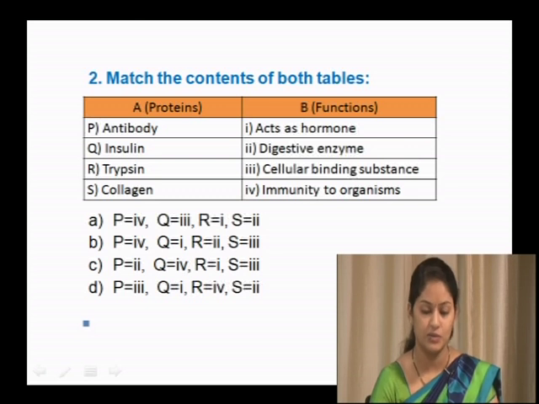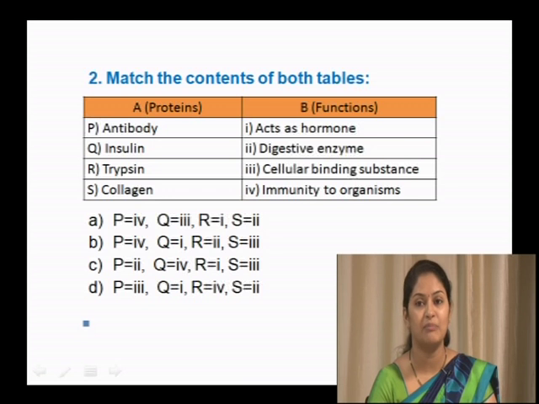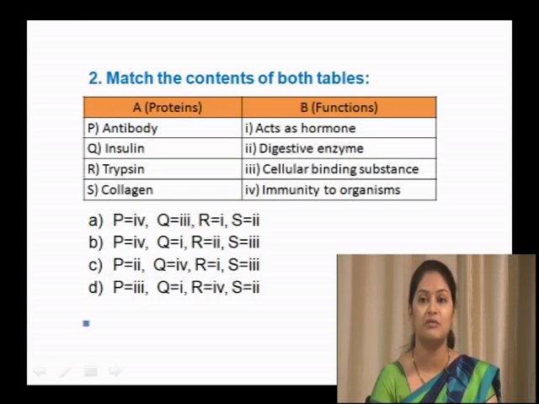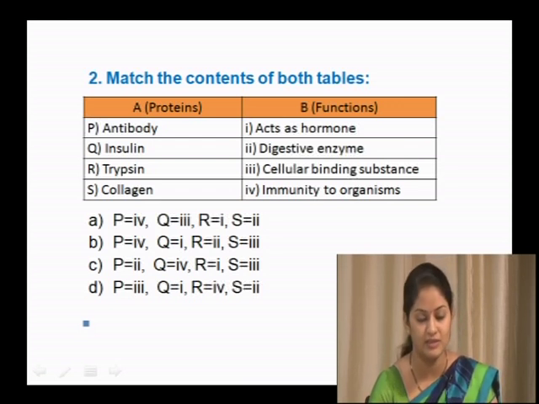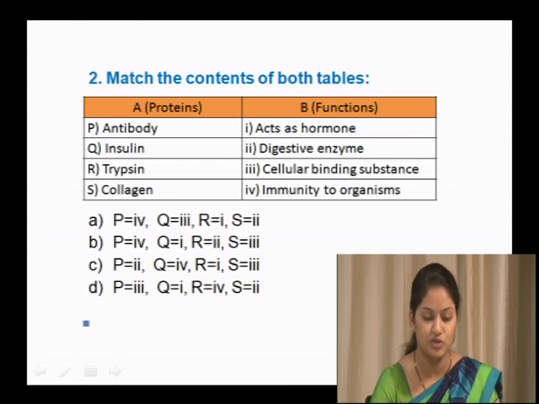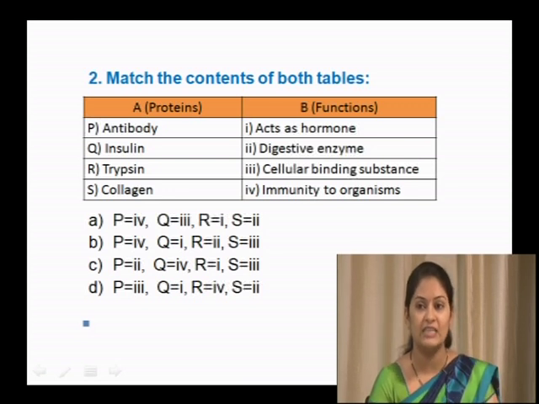Next comes insulin. Insulin is a proteinaceous hormone secreted by the pancreas and it is required for maintaining the blood glucose level. So option 1 goes very well with this. Next comes trypsin. Trypsin is a digestive enzyme.